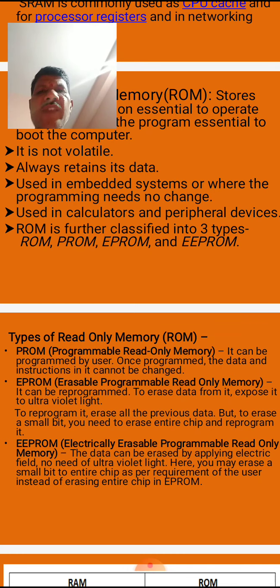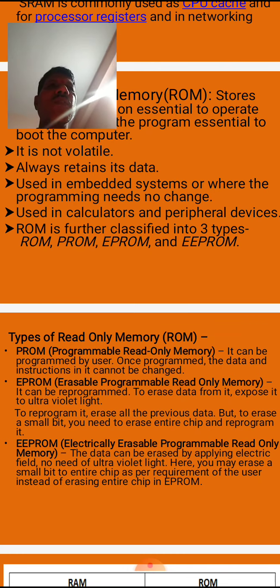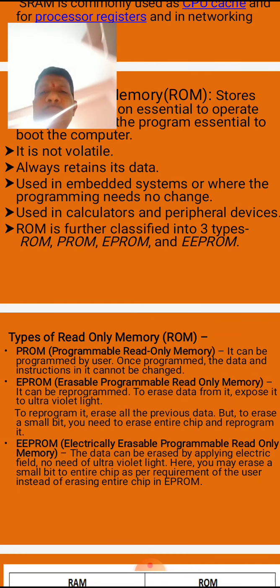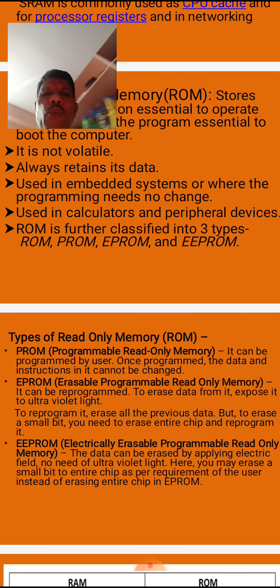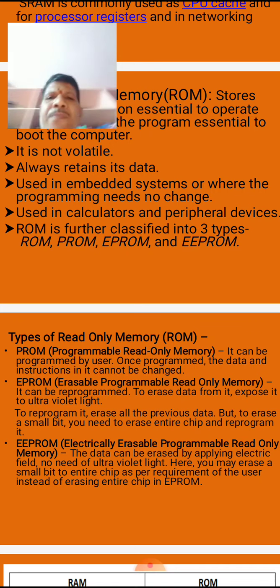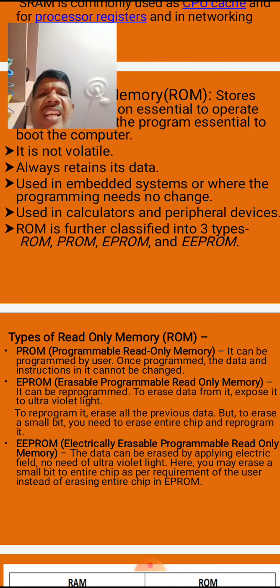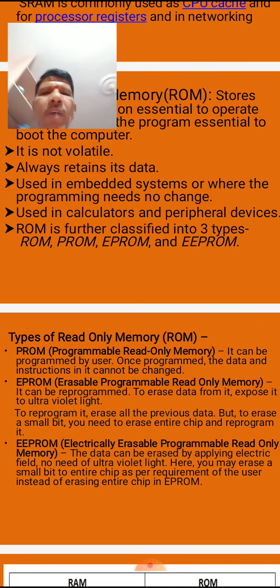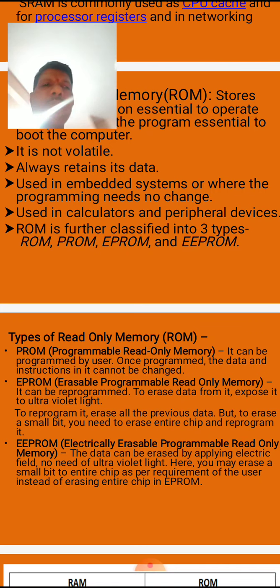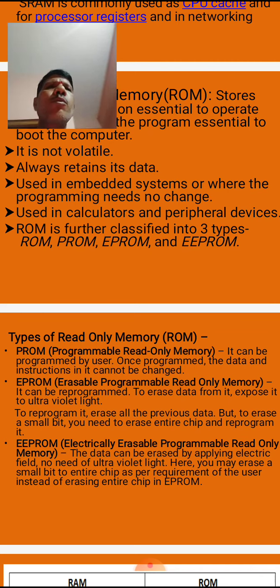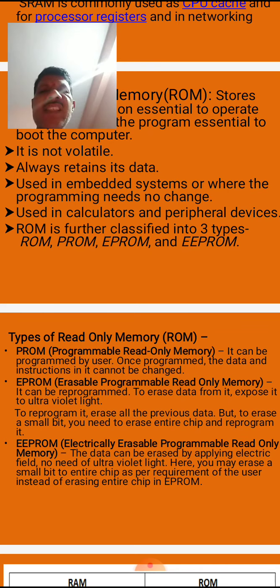Due to this disadvantage, the next two chips were introduced, that is EPROM, erasable programmable read-only memories. It can be reprogrammed by erasing data with the help of ultraviolet light. You can erase by applying ultraviolet light, and you can rewrite programs on it. That is the advantage.